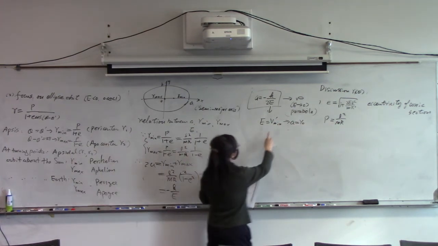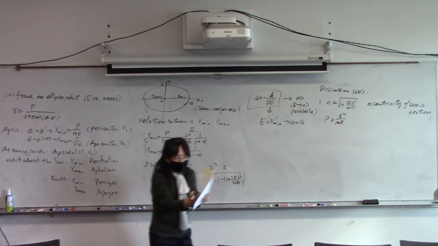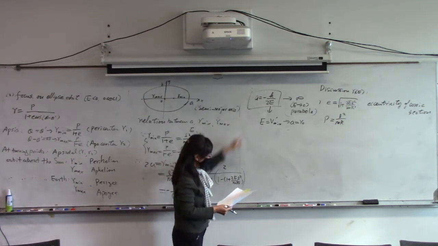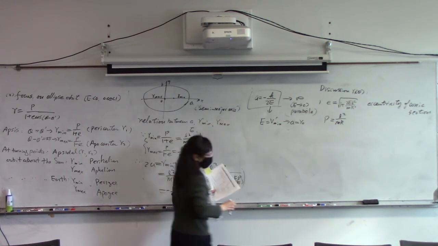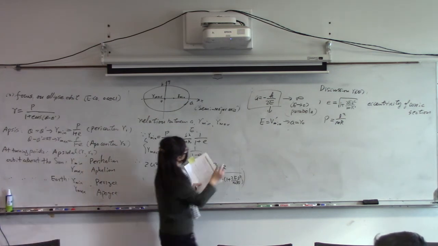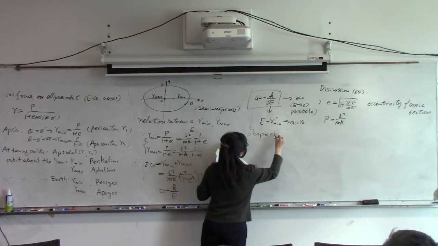When E is close to 0, A will go to infinity, then the orbit will open. So you can see we introduce this parameter, and these parameters are also controlled by energy, which controls the shape.